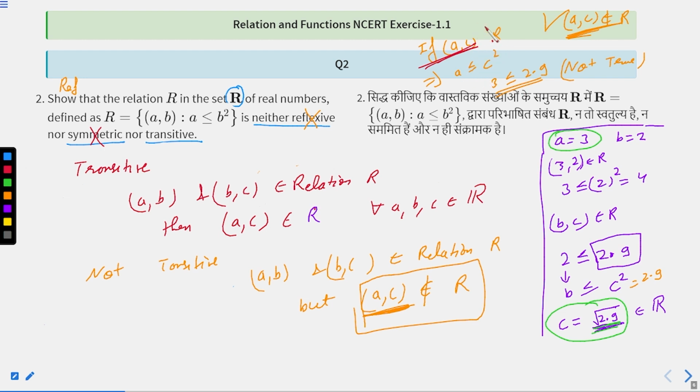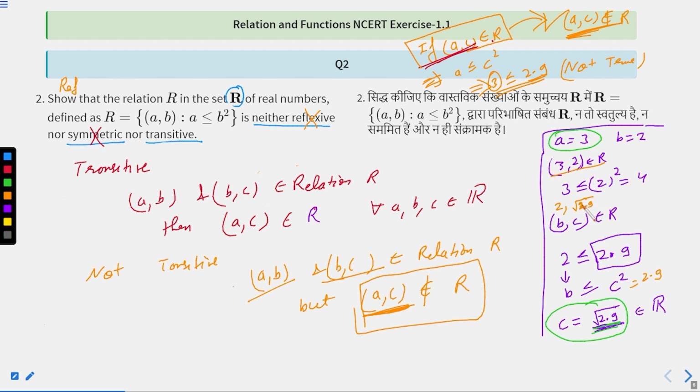As you can see, if (A, C) belongs to R, this will happen, this means this will be true. But 3 is not less than or equal to 2.9. So the initial assumption was not correct, meaning (A, C) does not belong to R. We showed that (A, B) and (B, C) belong to the relation, as you can see, (3, 2) and (2, root 2.9).